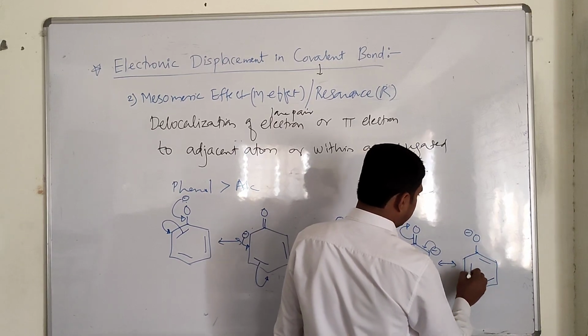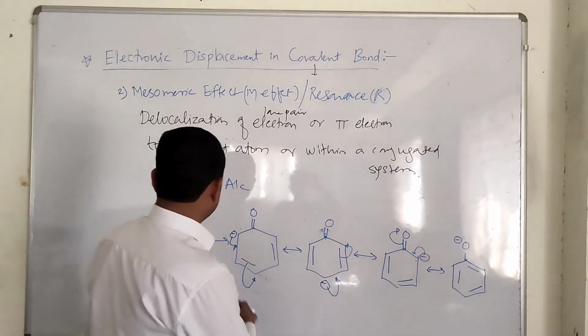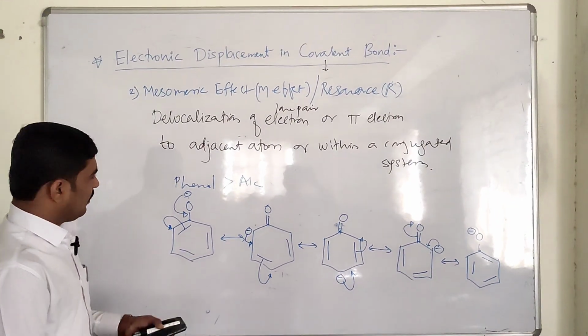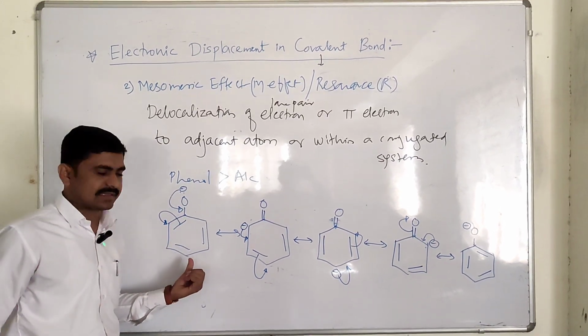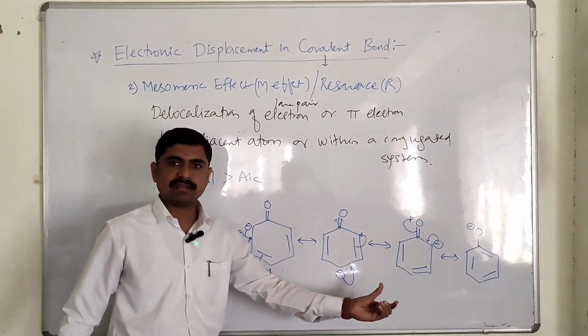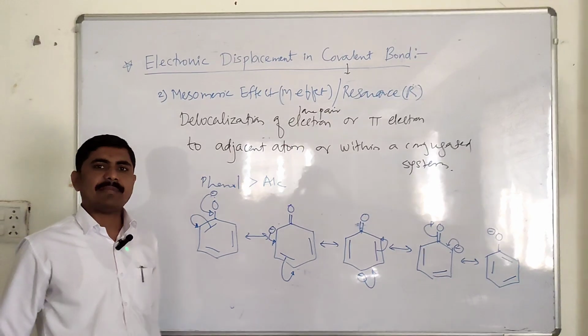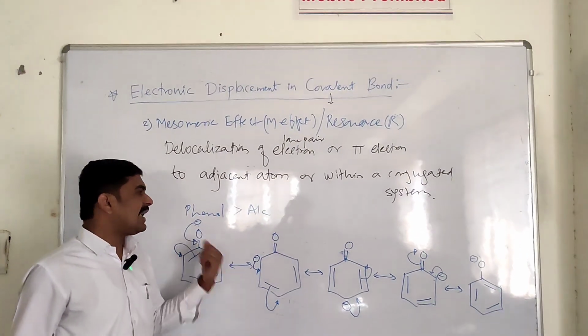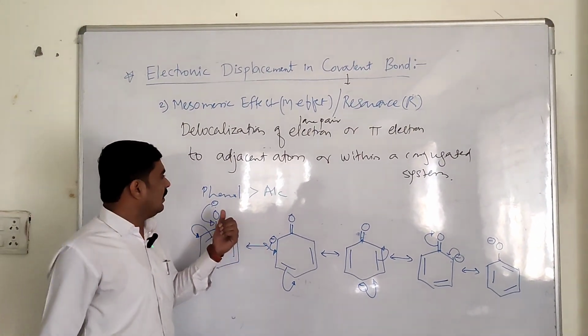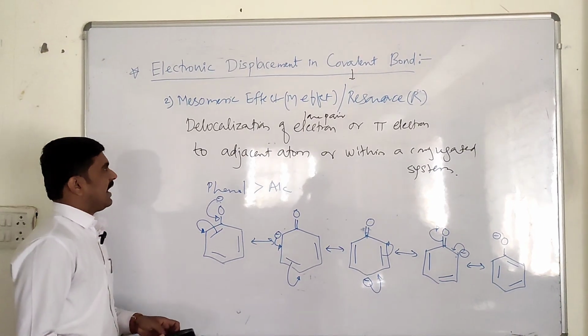This bond shifts here, remaining bonds as they are. Because the phenoxide ion has different resonance structures, it is more stabilized by resonance, hence it is more acidic as compared to alcohol. This is the reason behind this.